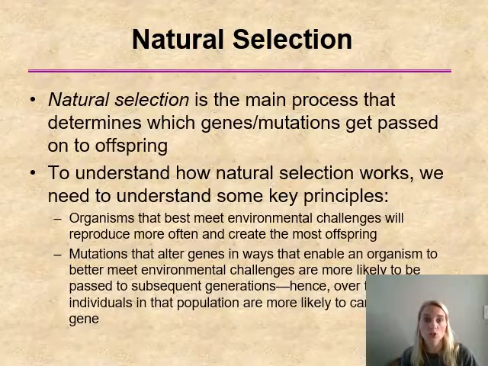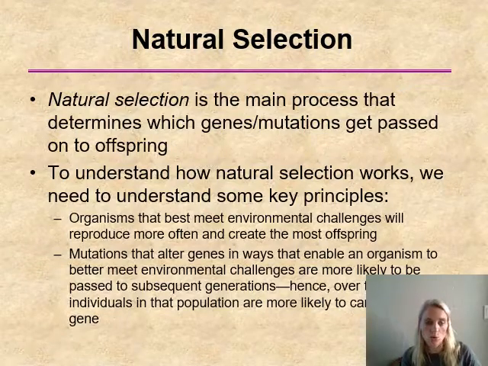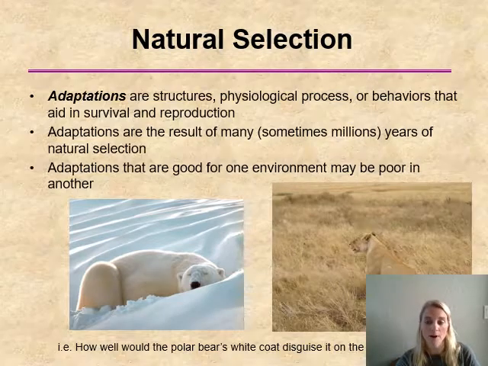So natural selection will select for the organisms that are best suited for that environment. Organisms that best meet environmental challenges will reproduce and pass those traits on. Mutations that alter genes will be passed on, especially those mutations that are beneficial for that particular environment.